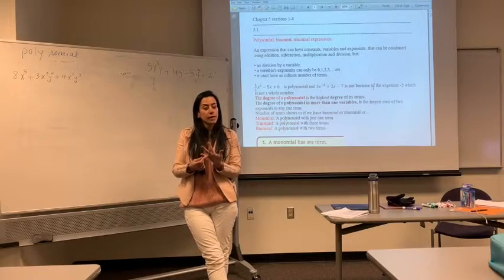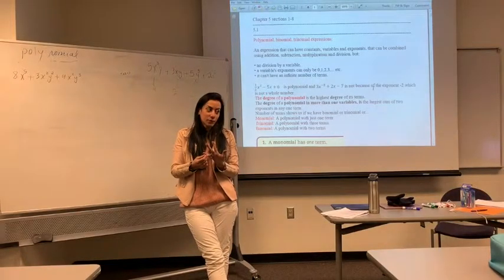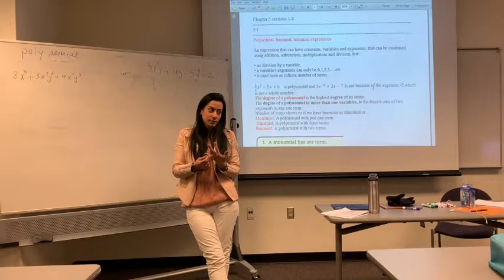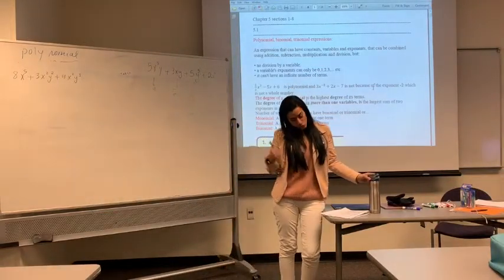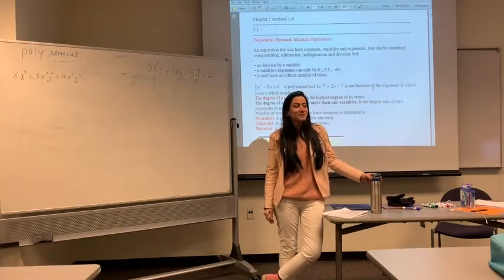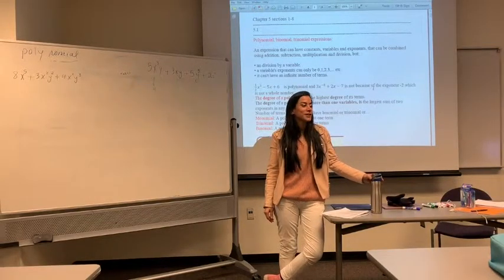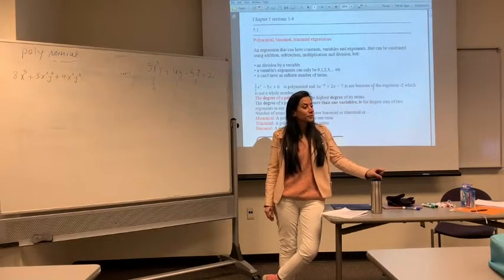To find that, you should calculate the degree of each term and then choose the highest as the degree of the polynomial. What if there are two of them that are the highest, like 5 and then another 5? This is a question for you. So, what is the degree of the polynomial? 5.